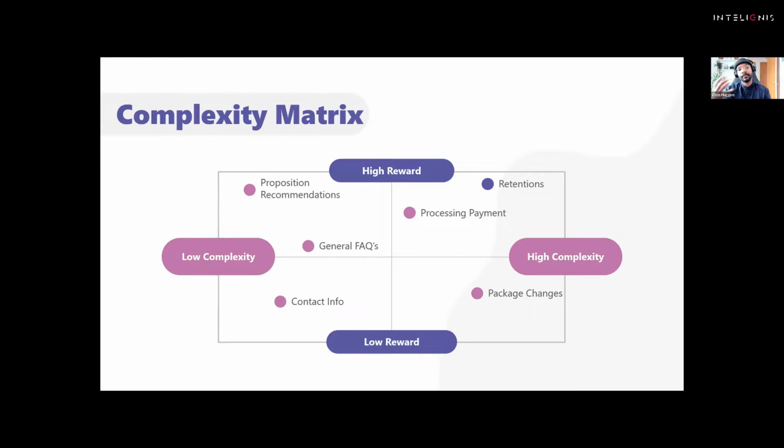But then on the opposite end of the scale, you've got things like retention-based conversations. Although the benefit of successfully delivering the solution is high due to the impact on CLV, customer lifetime value, the complexity is also astronomically high, as are emotive factors to be considered, and therefore the tonality of the conversation will be a high risk factor.